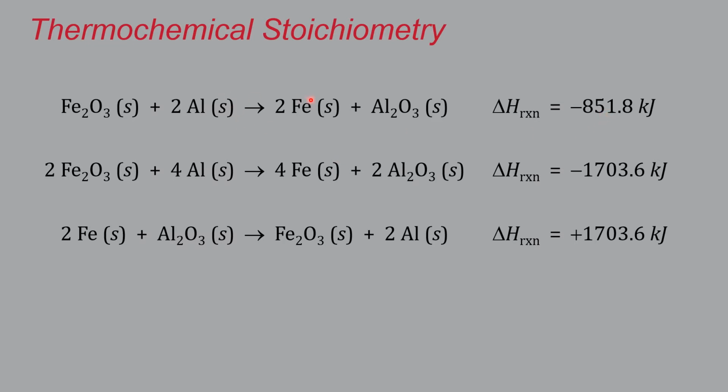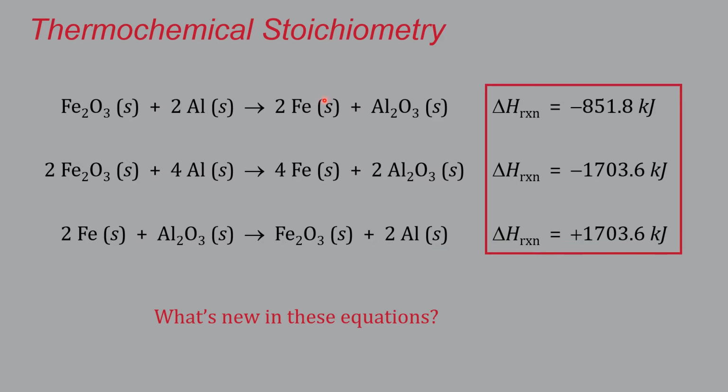Now the first question that I would ask you is, what's different about these three reactions? Or what's new? What you haven't seen before are these things right here. This is a statement that tells you how much heat is given off for these processes.